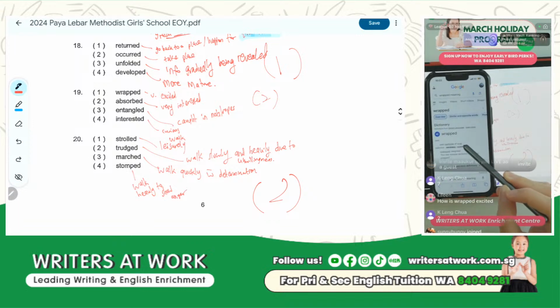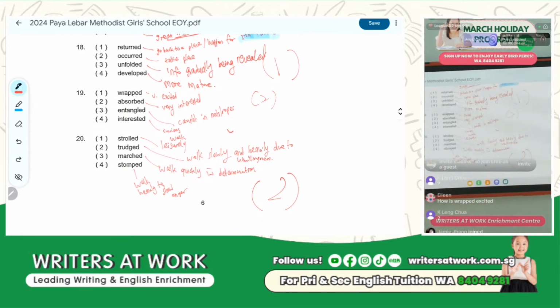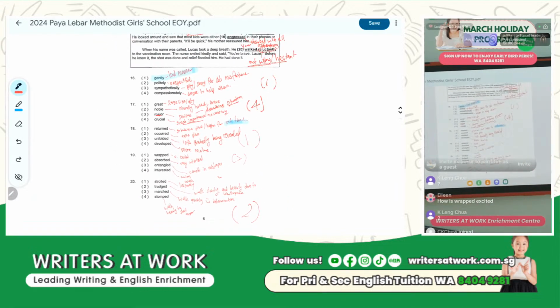If it's a verb, it's the idea of moving a particular object round and round, so you wrap a present. But if we look at an adjective, you can see overjoyed, delighted. Someone is excited. The new minister declared he was wrapped. Okay? So if you are wondering how and why, there are multiple meanings to this word. I'll just give everybody some time to take in the information first before we move on to our next question.